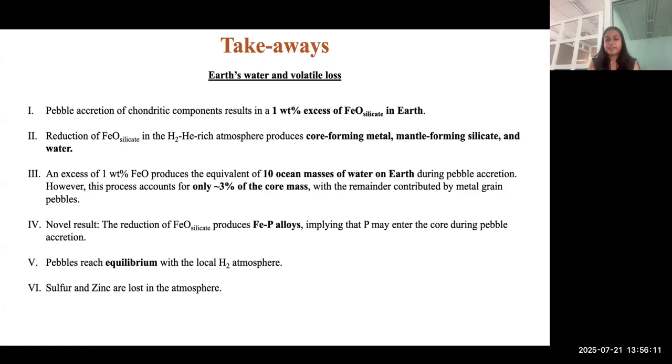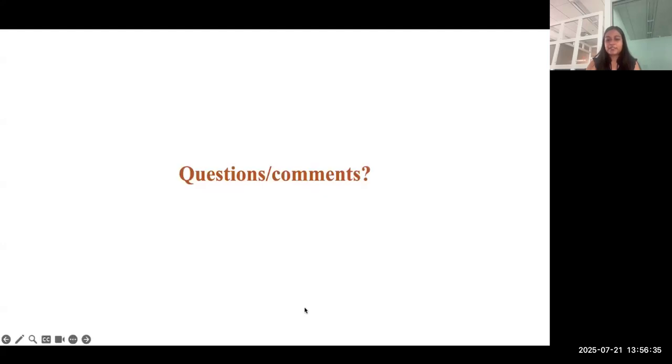Therefore, a little bit of phosphide might have a lot of implications for the Earth's core during pebble accretion, or followed by pebble accretion. Pebbles will reach equilibrium with their local atmosphere while accreting, and sulfur and zinc are lost in the atmosphere in this process. So these are my overall takeaways, and I'm happy to take more questions or comments.